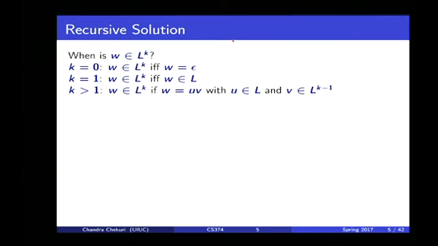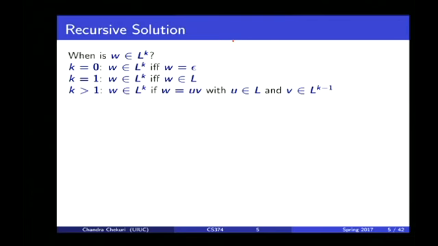If k equals 1, W is in L to the k if and only if W is in L. If k is greater than 1, W is in L to the k if and only if W is uv, where u is in L and v is in L to the k minus 1.